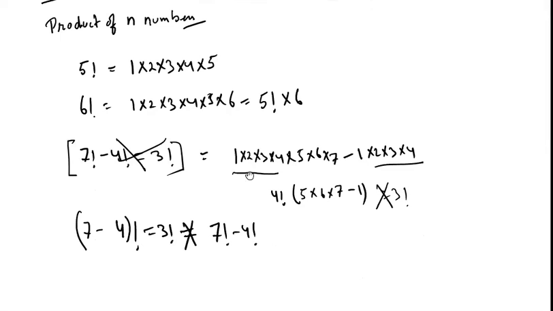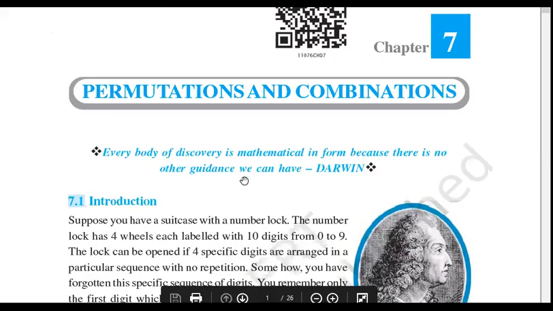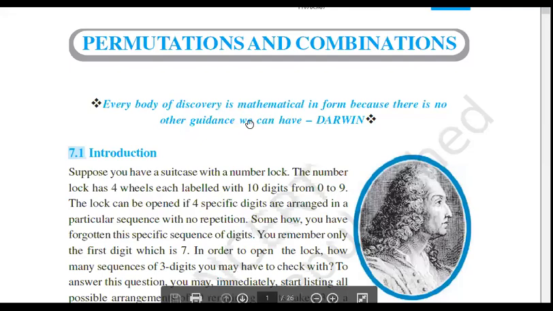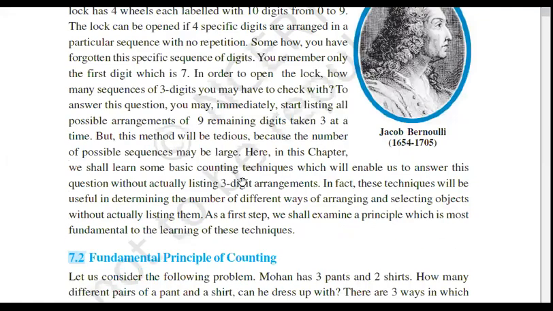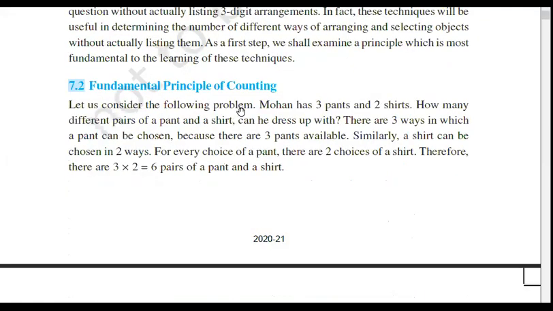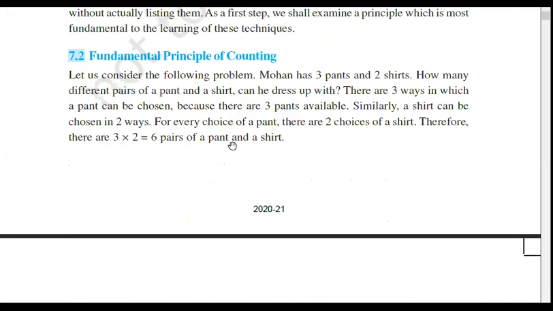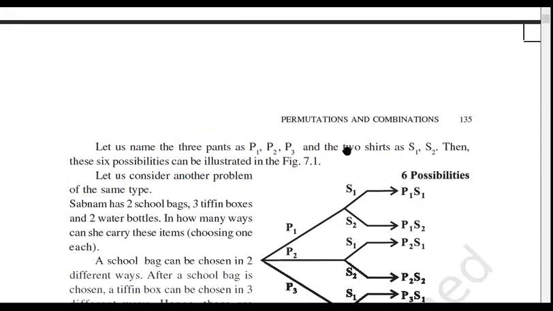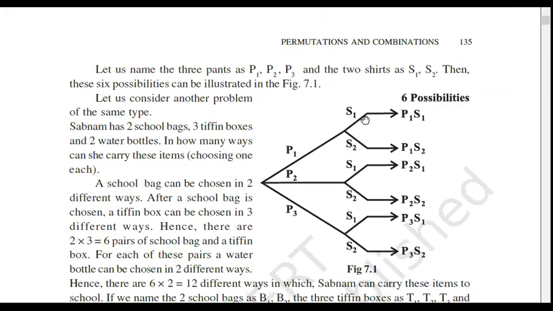Now let's see. When we talk about permutation and combination, the first thing we should learn is the fundamental principle of counting, just how to count, as simple as that. Counting can be either addition or multiplication.